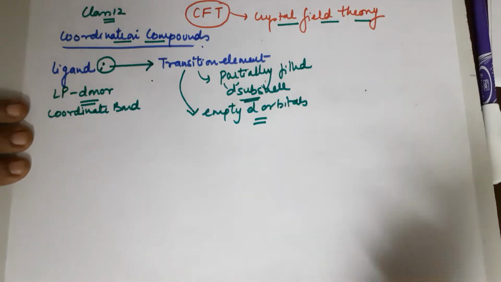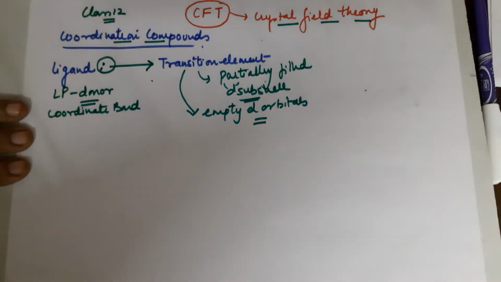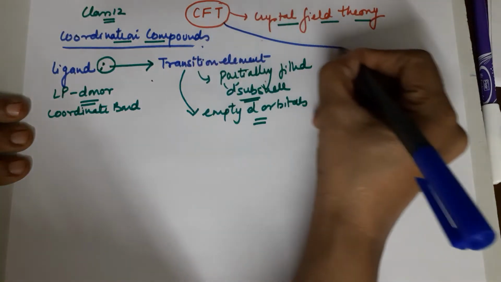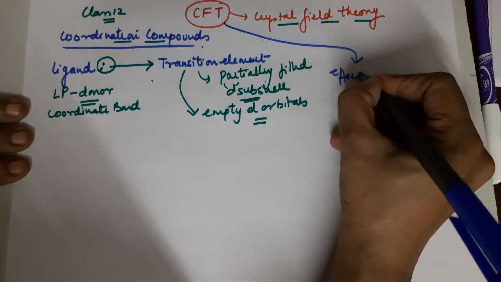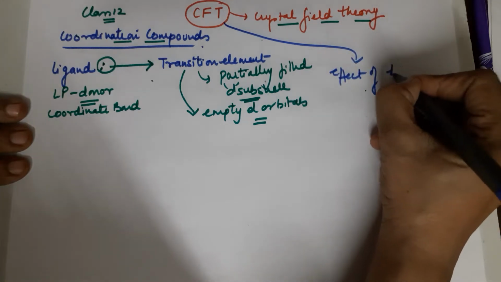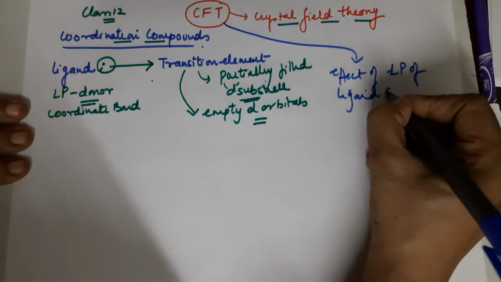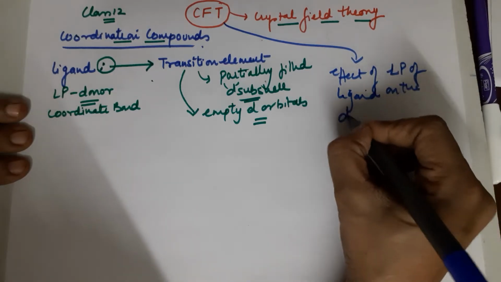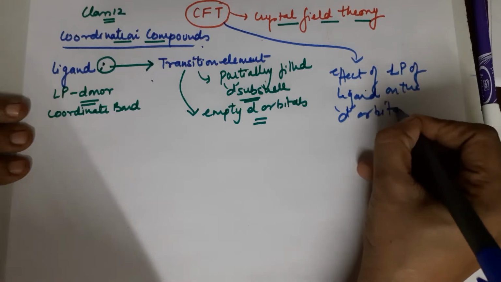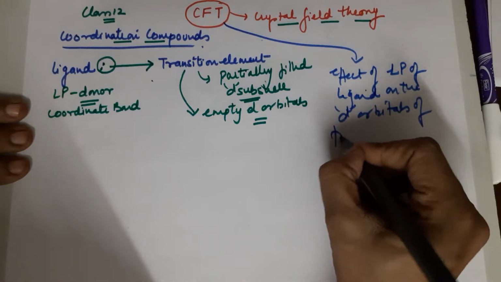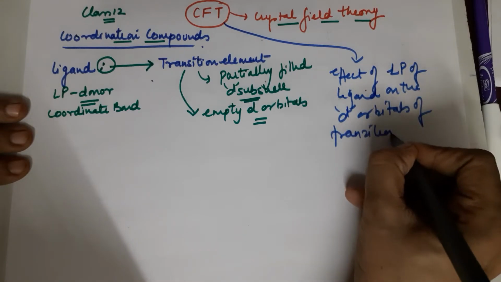Now, what is crystal field theory then doing here? Crystal field theory takes into account the effect of lone pair of the ligand on the d orbitals of transition metal.